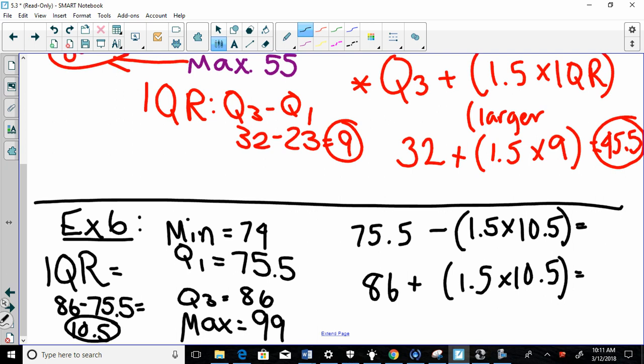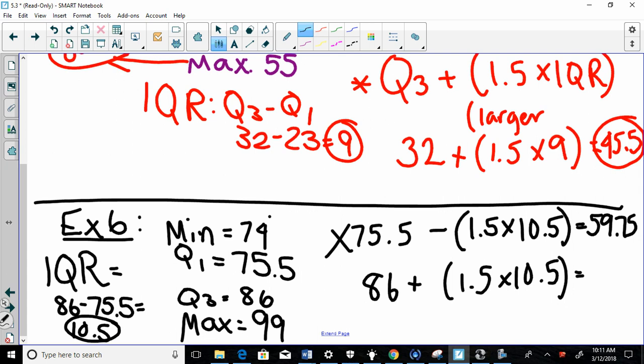So that's the smallest one. The small one, you end up getting 59.75. And so is that number smaller than 74? No. So there's no small outliers. Then let's add it and figure out, is 99 going to be bigger than this number?